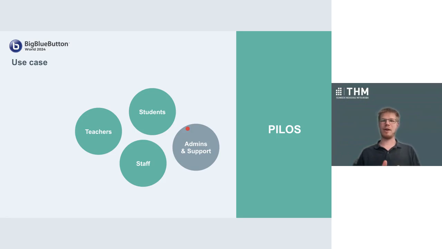And when we built the system for our university, we had a few different user groups in mind that we wanted to please and have a system that's really easy for them. And the main three groups were, on one side, the teachers that want to have effective lectures and get the engagement with the students.